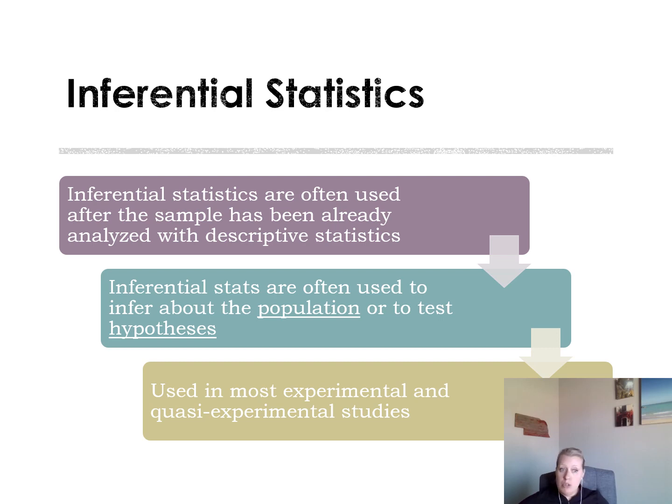Now, you also use them in some of the level 4 because, for example, I wanted to see how the stress biomarkers compared with feeding intolerance in preterm infants. So I did use some inferential statistics there. But you definitely use inferential statistics to test an experiment.